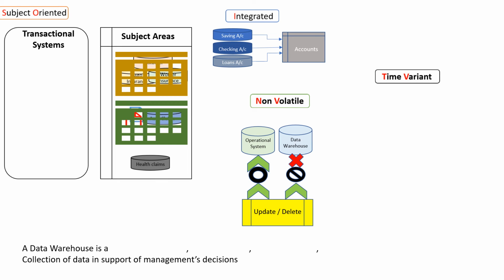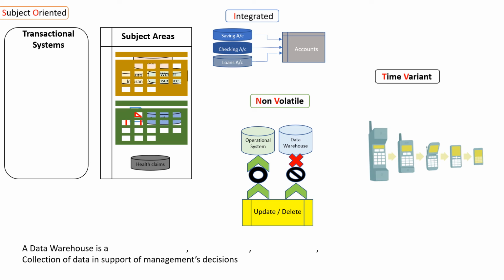And then we come to time variant, which is basically an extension of non-volatile. From the entry of the first instance of the record into the data warehouse till the current instance, the data warehouse stores the information in such a way that you will be able to pull out information for a specific time period.